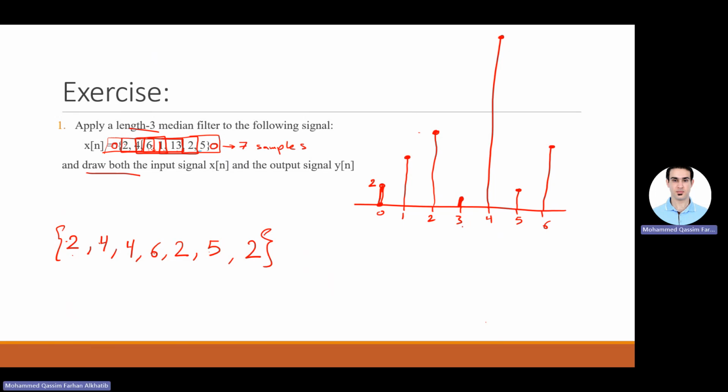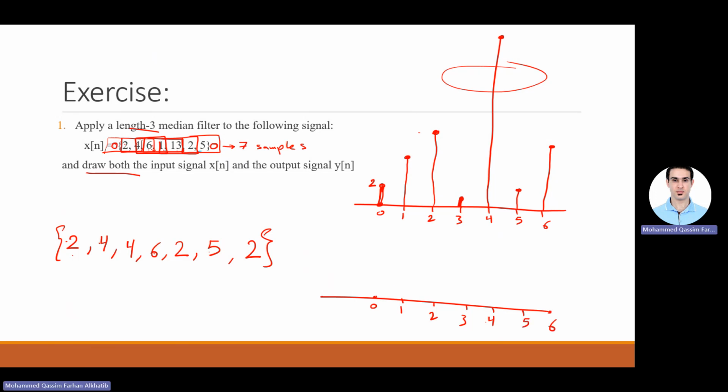Now, if you want to make a quick conclusion, you know that this outlier doesn't look normal compared to the other values in the signal. Now the output of the median filter, let's do the same: 0, 1, 2, 3, 4, 5, and 6.